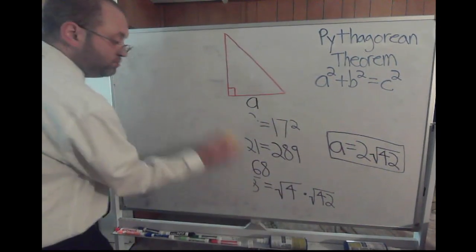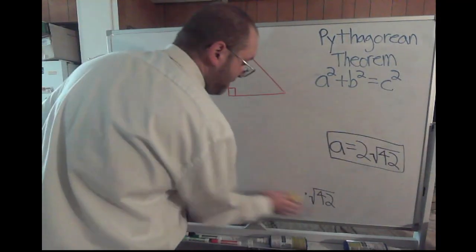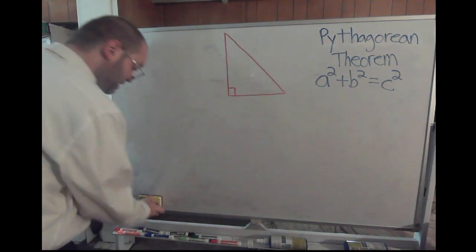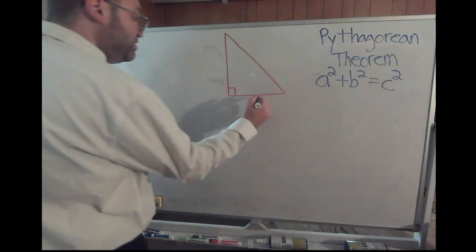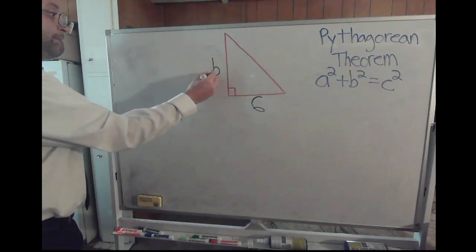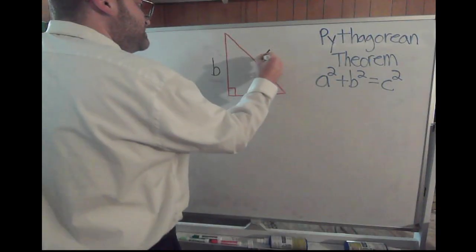Then I just have 2 more problems and we're done. Alright. This time we know side A is 6. We don't know side B. But we know side C is 40.